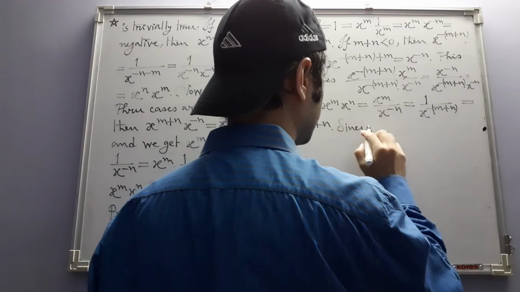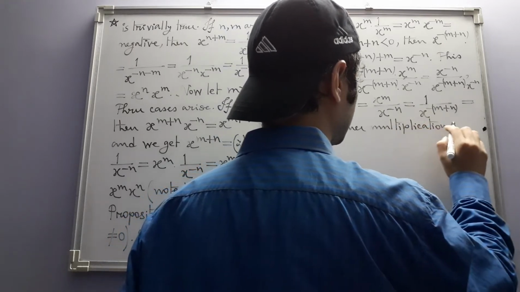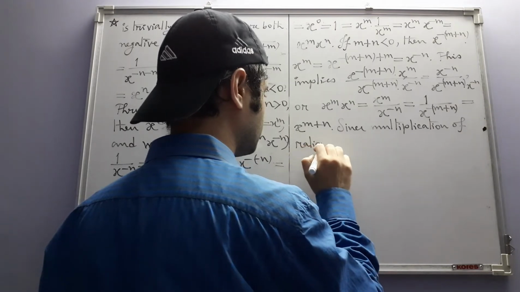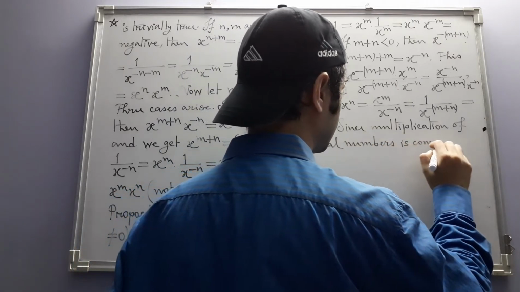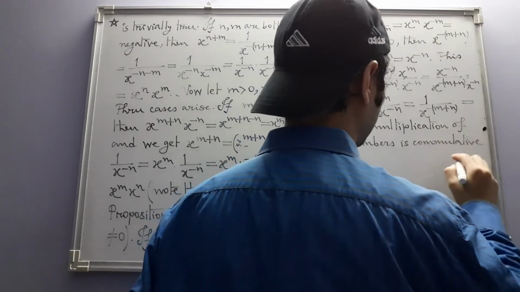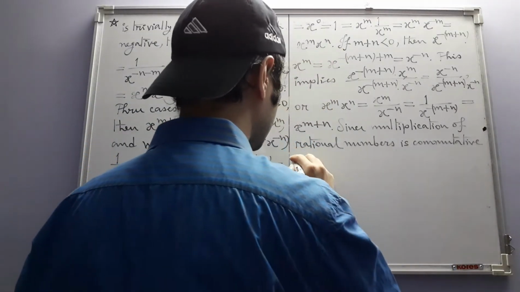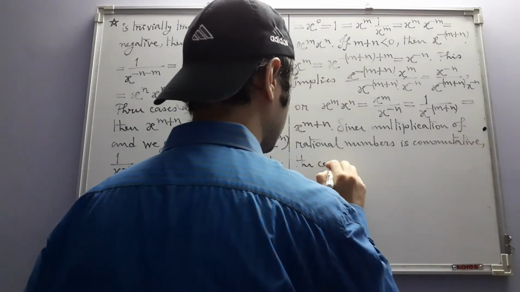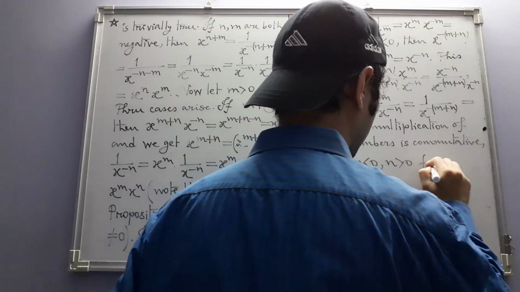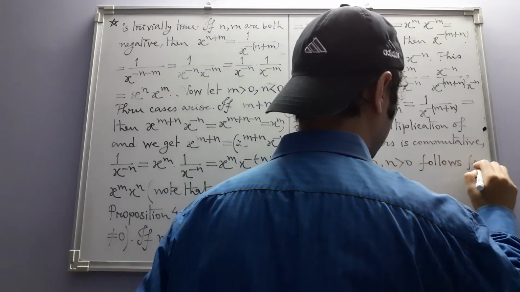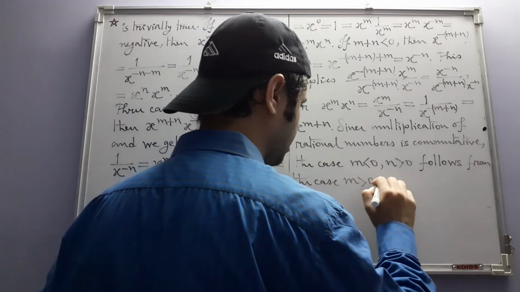Since multiplication of rational numbers is commutative, the case where m is negative and n is positive follows from the above case.